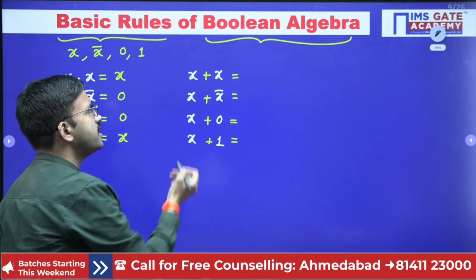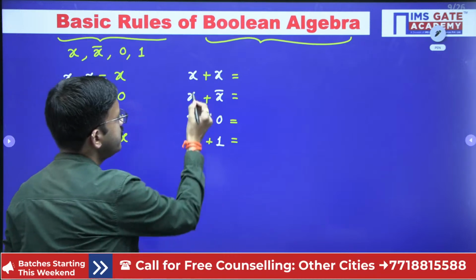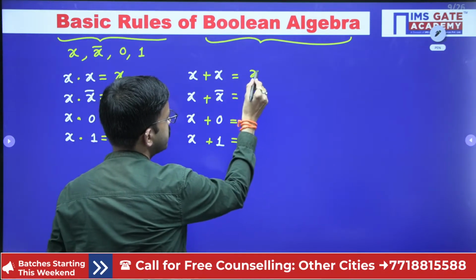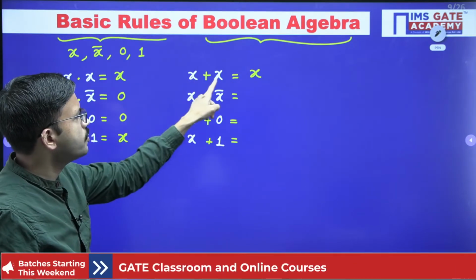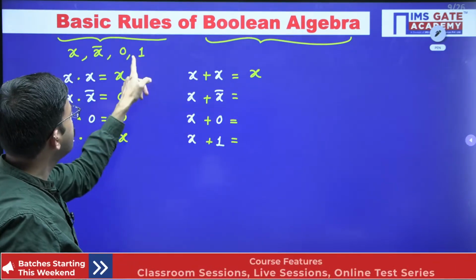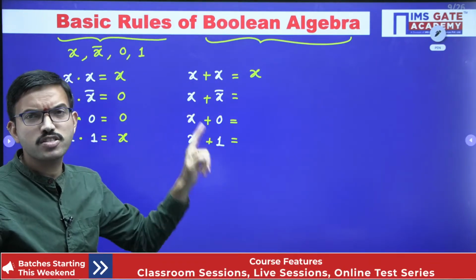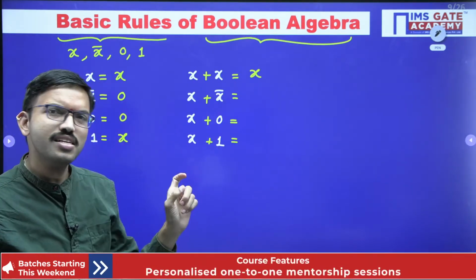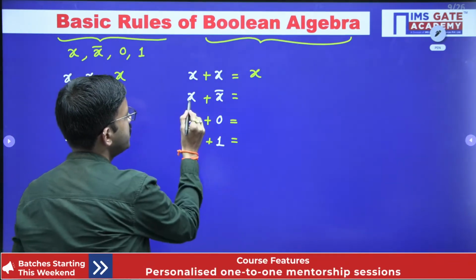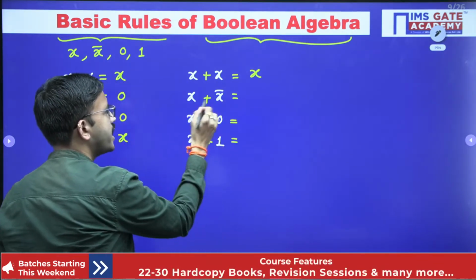Okay. Similarly here, let us perform the logical OR operator. Here x plus x is nothing but x. For example, if you consider x as 0, 0 plus 0 is 0. Or if you consider 1, 1 plus 1 is 1. Here we are performing the logical OR operator. In logical OR, 1 plus anything is 1. Okay. Similarly here, can you guess what output you are going to get for x plus x bar?